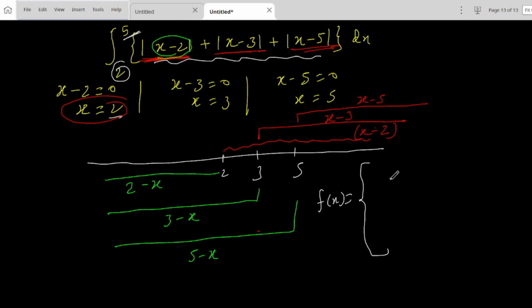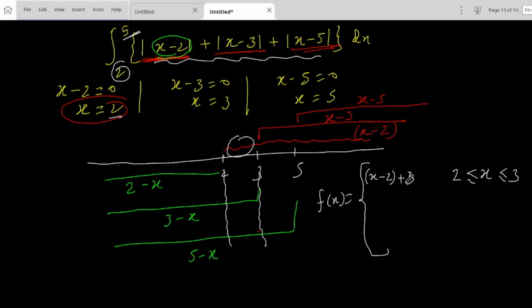So when x is greater than 2 and less than or equal to 3, what is the scenario? The scenario is that x minus 2 is positive, and between 2 and 3 these other two are 3 minus x and 5 minus x.